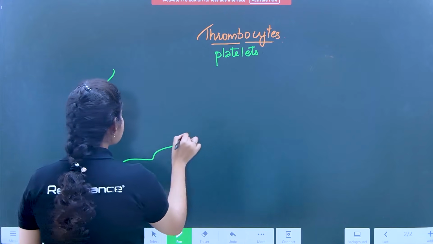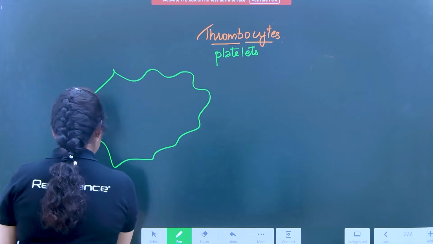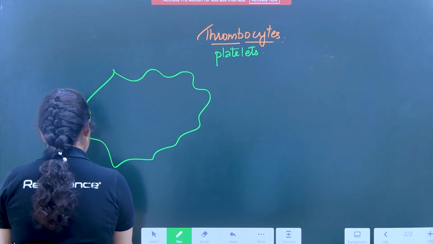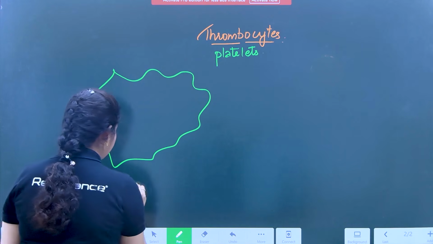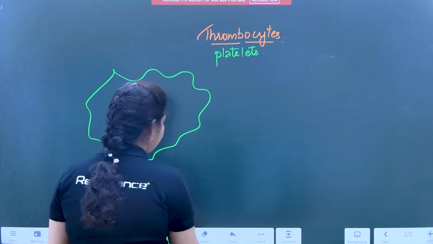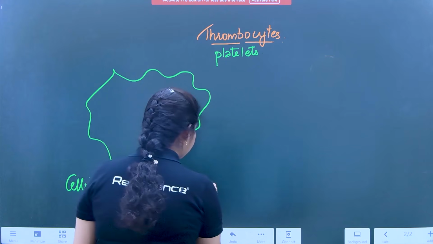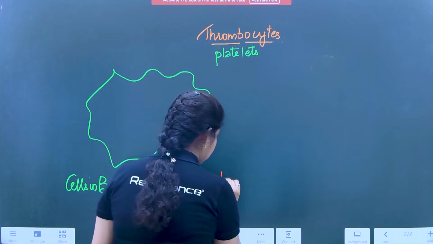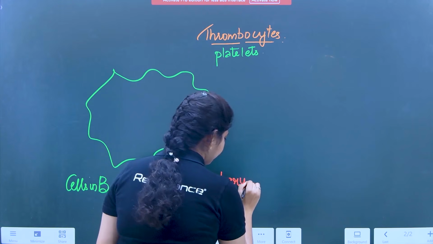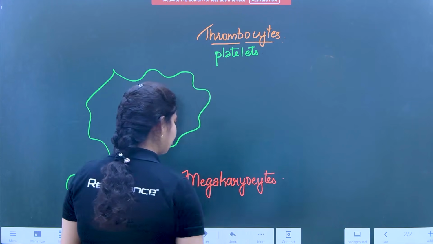There are large cells in the bone marrow, and these cells are called megakaryocytes.